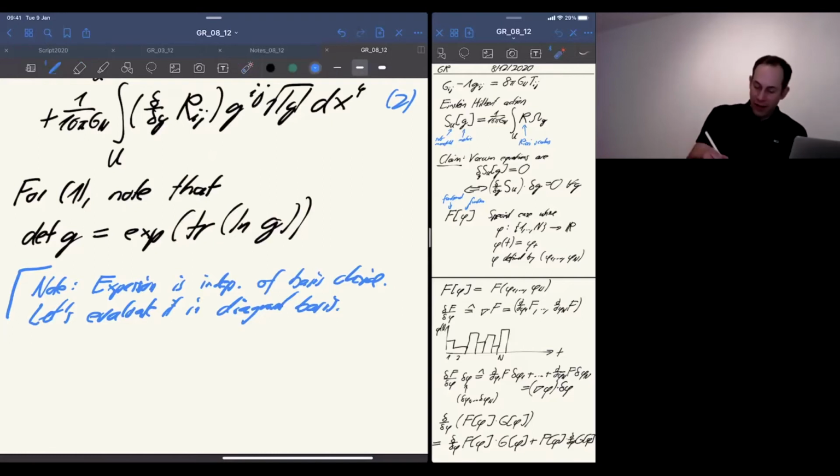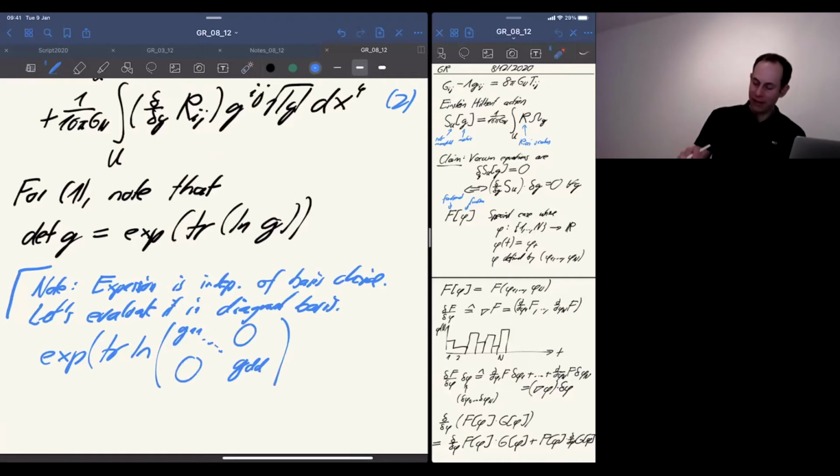Now, if I'm in a diagonal basis, then the whole thing looks actually very nice. It's just the trace of the logarithm of the matrix with the diagonal entries. If I'm d-dimensional, it looks like this.